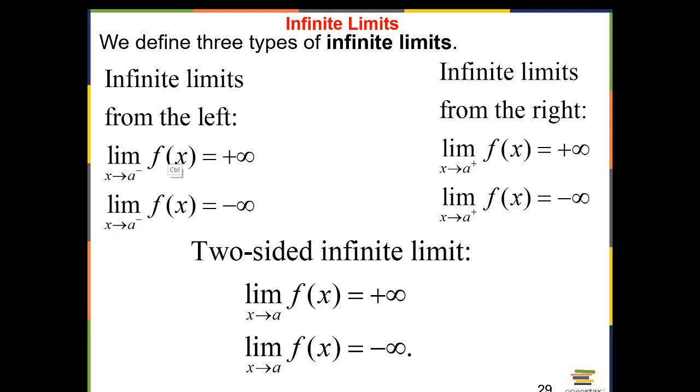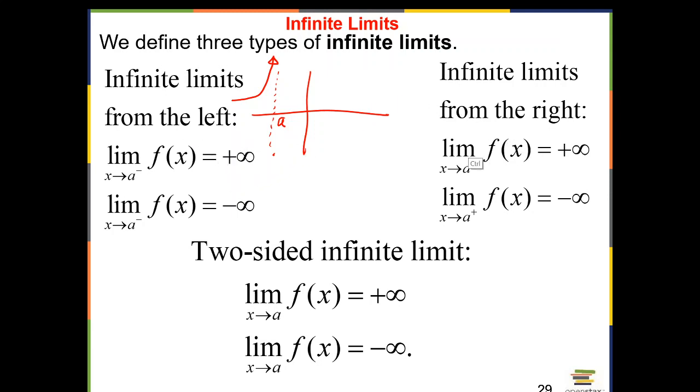For example, when x approaches a from the left, you can think of a situation like this. When this is a, and you approach a from the left, the function goes to infinity. Then we say that the limit is positive infinity. That doesn't mean the limit exists. It just means that it goes to infinity.